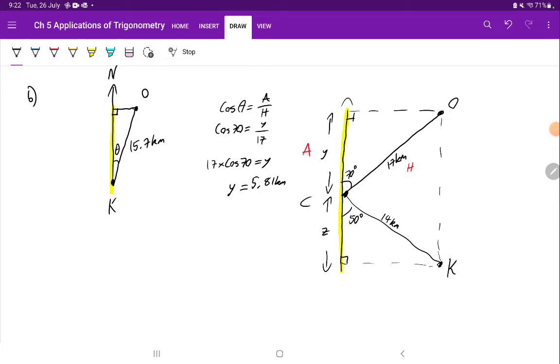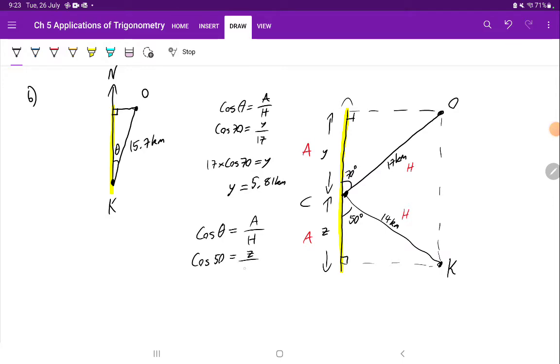Let's do the same thing for Katrina. So for Katrina, her triangle, this would still be the hypotenuse, the 14, and because we've got the 50 degrees here, this would be the adjacent Z. So let's do the same thing. Cos theta equals adjacent over hypotenuse. Cos 50 equals Z over 14.